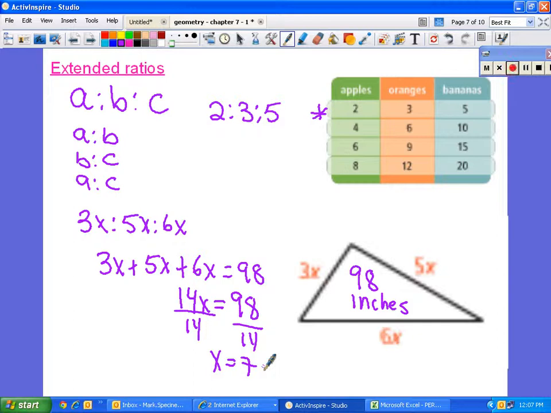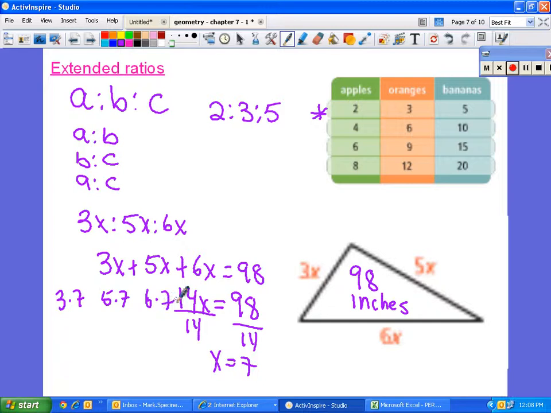So how do we find the length of the longest side? Someone else, please. Alan. Take x, put 7 in for x. Okay, so we're going to substitute x. So we're going to get 3 times 7 and 5 times 7 and 6 times 7, right?